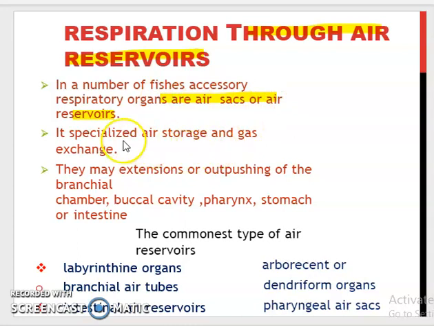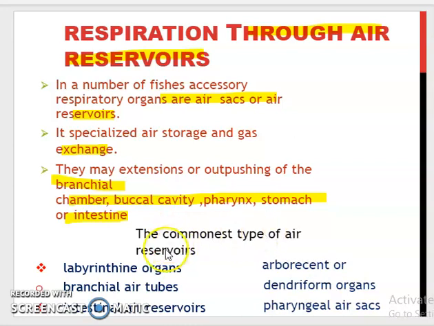It is a specialized air storage for gas exchange, with many extensions or outpushings of the branchial chamber, branchial cavity, pharynx, stomach, or intestine. So these air sacs are usually extensions or outpushings of structures such as the branchial chamber, buccal cavity, pharynx, stomach, or intestine.